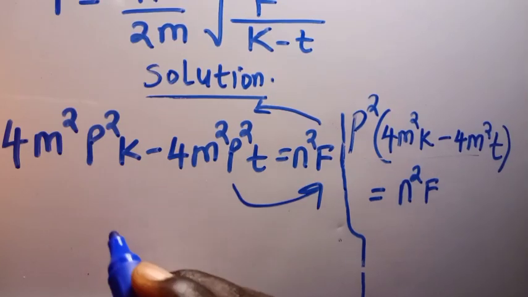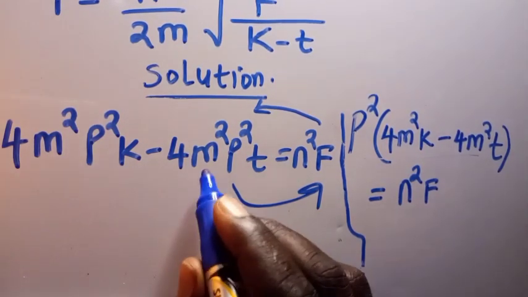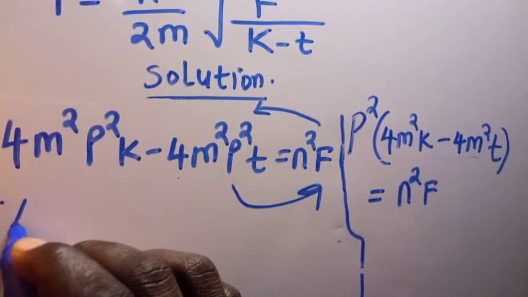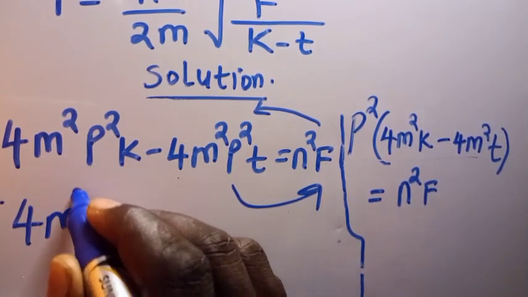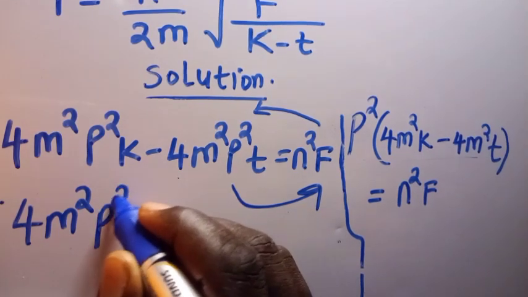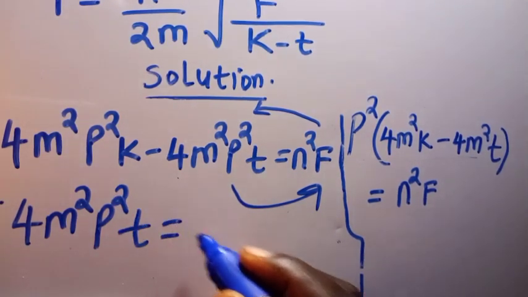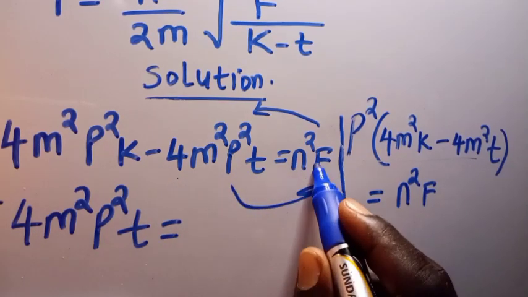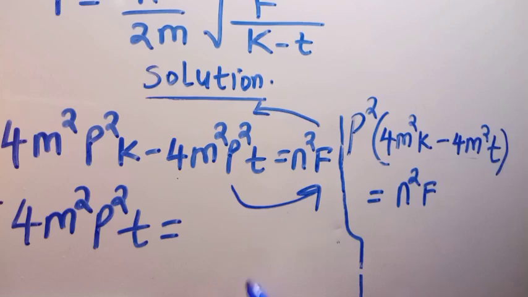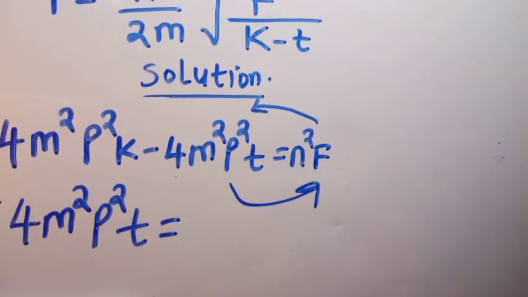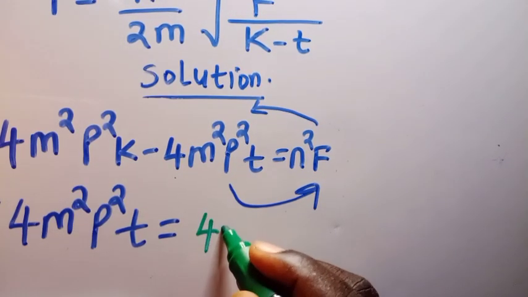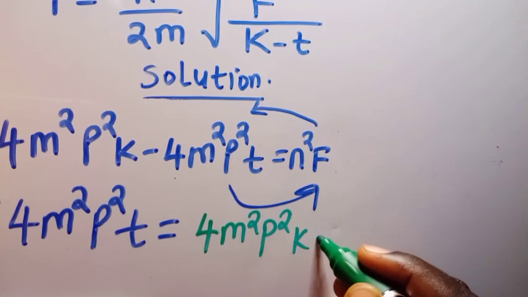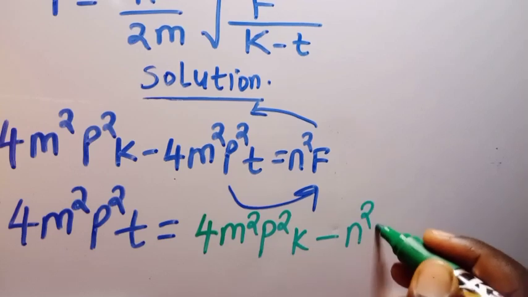At this point, this one is negative, and therefore it will be positive, which is 4m squared p squared t equals to, if we take this to this side and we take this to the other side, then we shall have 4m squared p squared k, then minus n squared f.